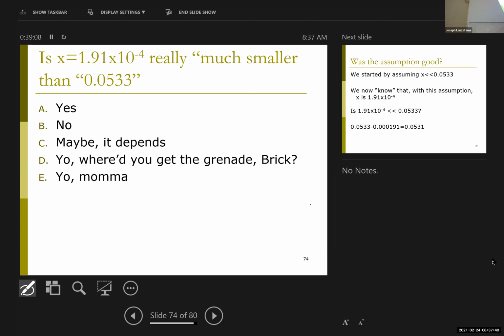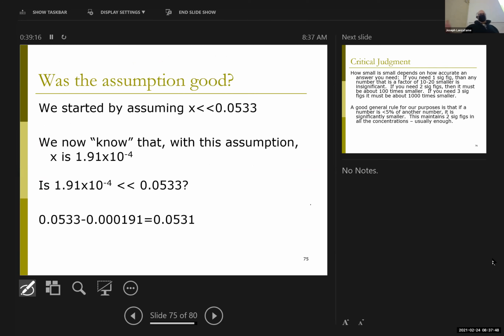The answer is no, or yes. The better answer is it depends, right? It depends on whether Bill Gates is Bill Gates or Scrooge McDuck. Because if you think about what I'm doing with the number, I'm subtracting it from 2 other numbers. In fact, if I do that math, I do notice the difference.